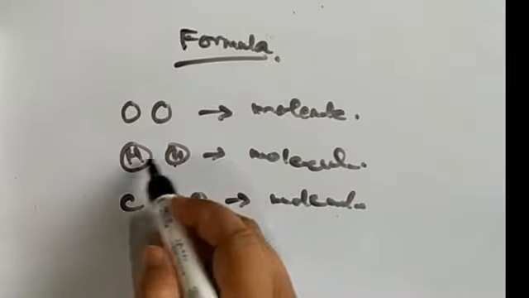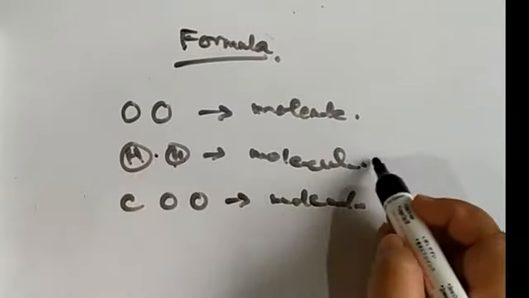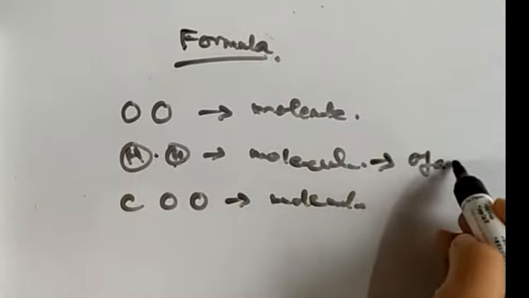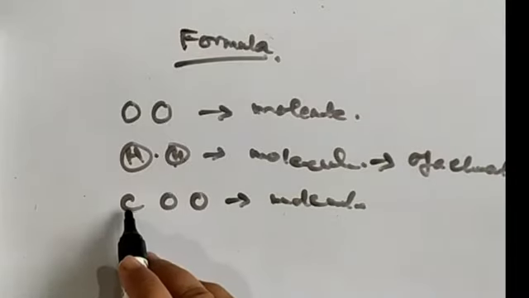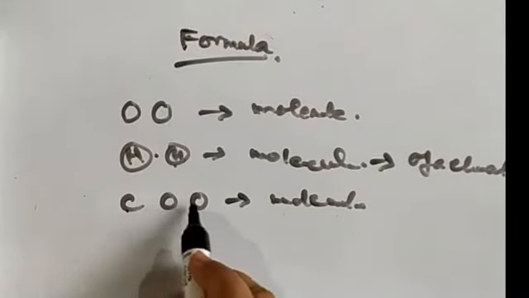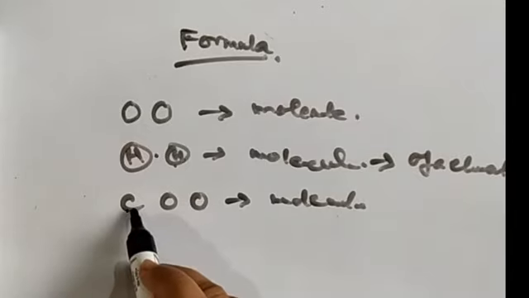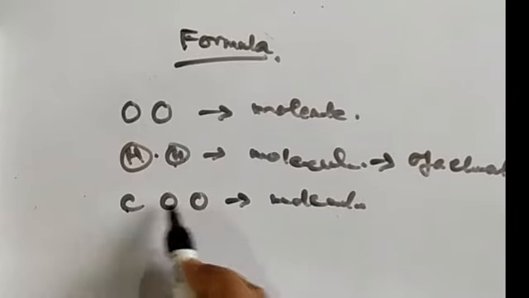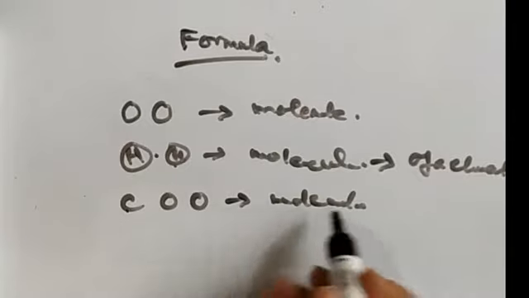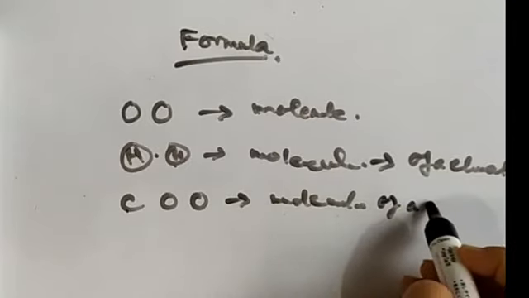No. This is an element of the same type. They make a molecule of an element. And this C as well as O are atoms of different elements. C is the atom of a different element, but combined together they make a molecule. It is a molecule of a compound.